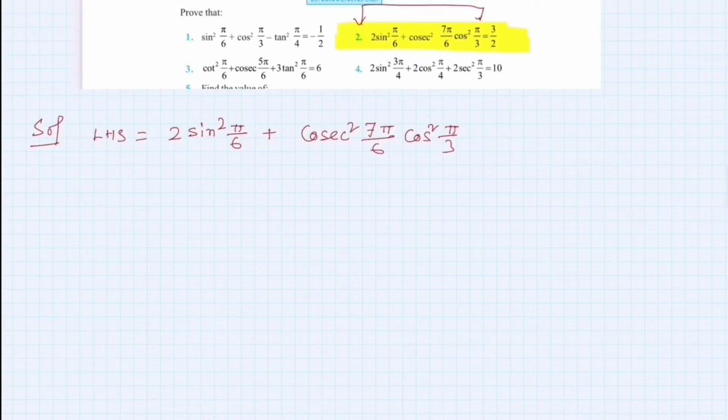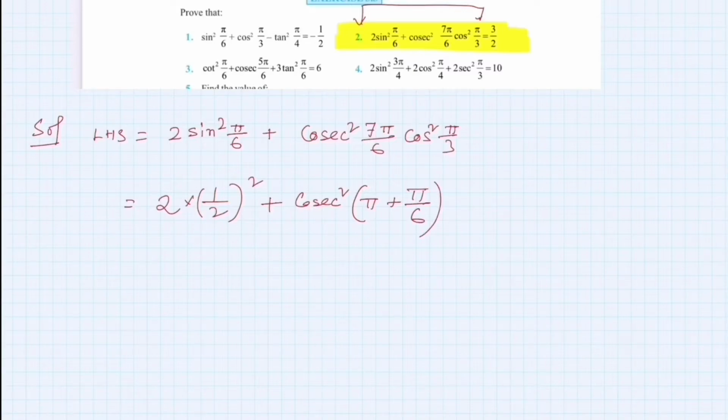Now sine pi by 6. Pi by 6 means sine 30, which is half, so it must be 1 by 2 square. Then cosec square 7 pi by 6 can be written as pi plus pi by 6. Here we are going to apply the ASTC rule.